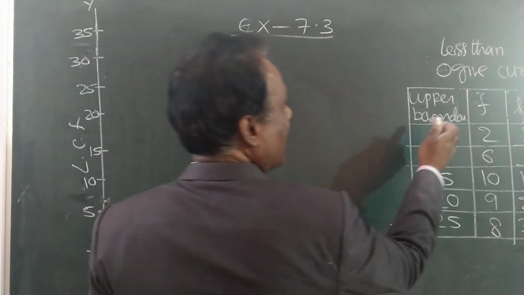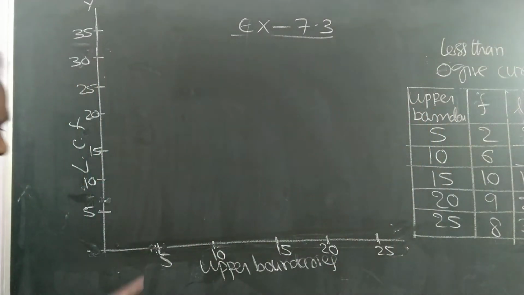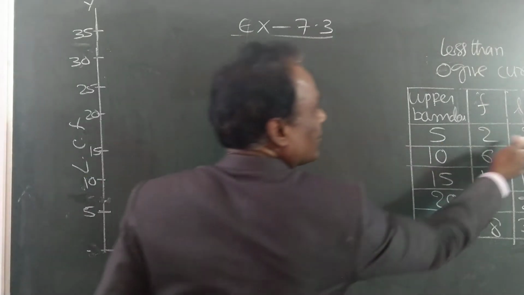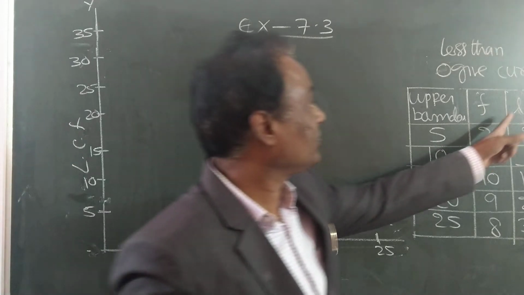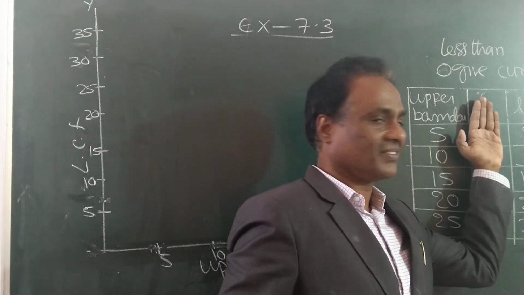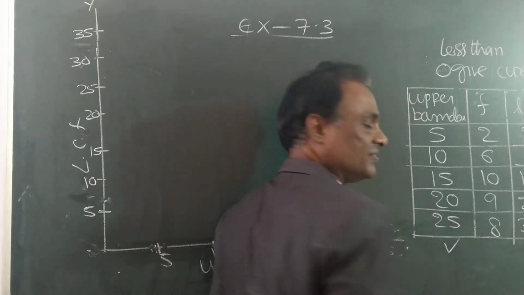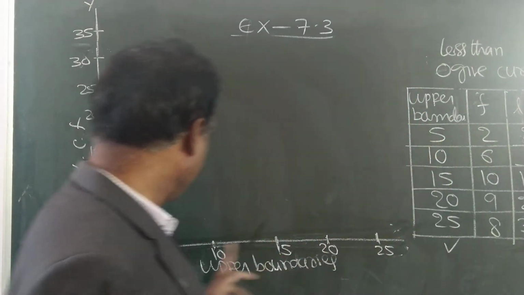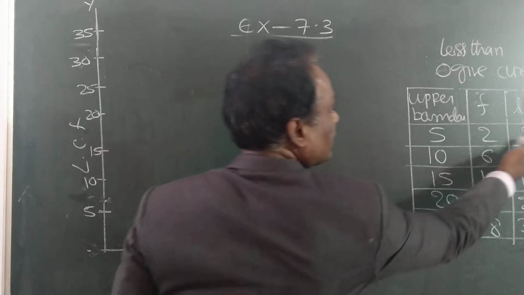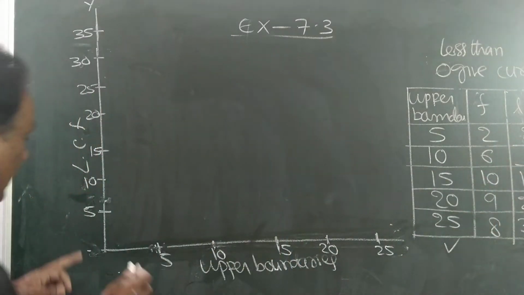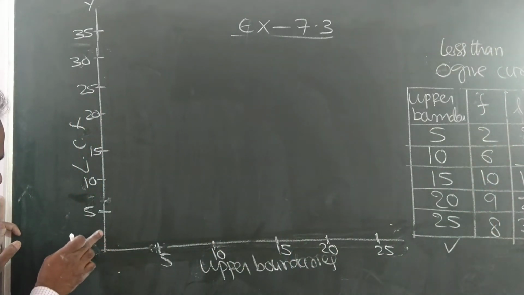First one, upper boundary 5, don't write. Frequency 2, LCF 2. You don't consider the class interval, only the upper boundary and the LCF. Here 5 I took, and the LCF is 2. Where is 2? 1, 2, 3, 4, 5.